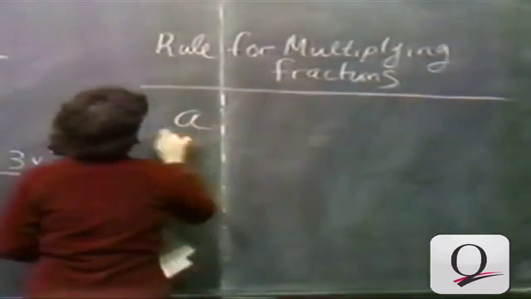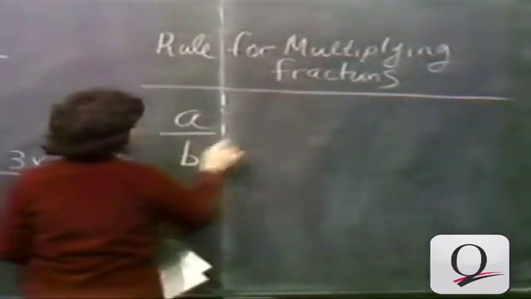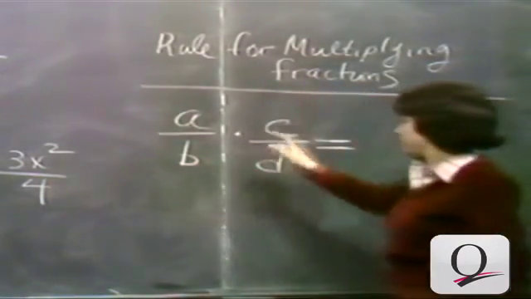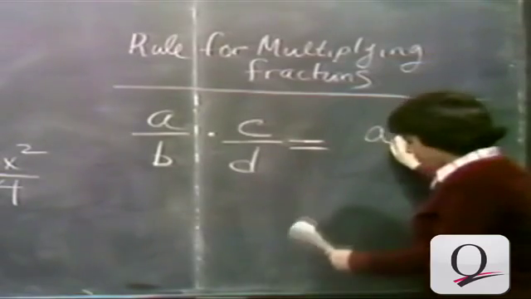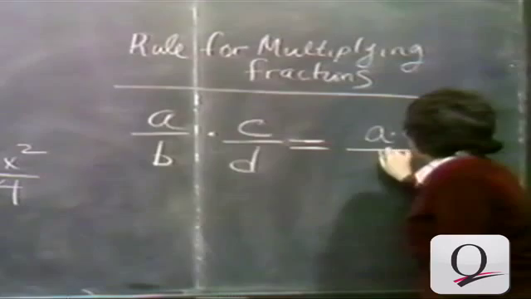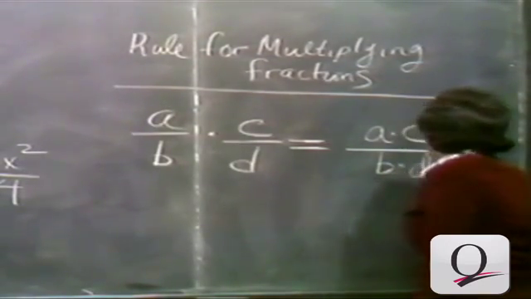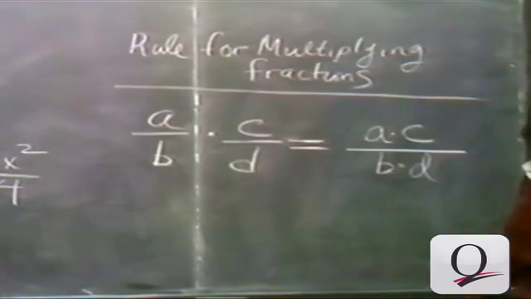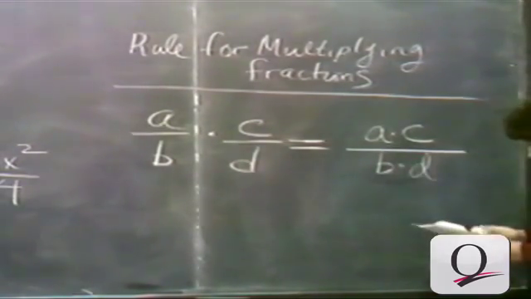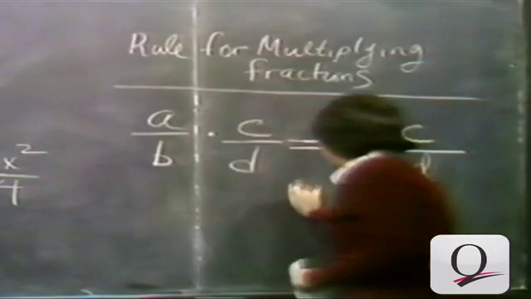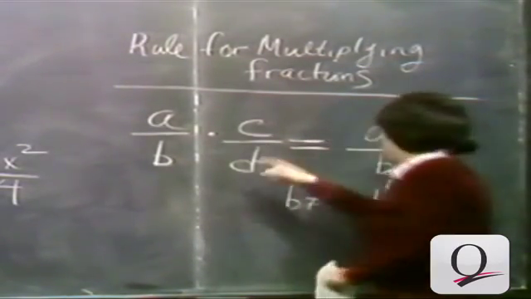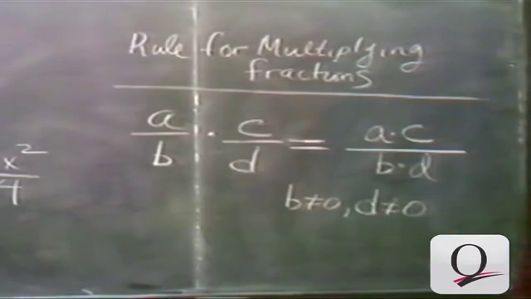If you want to multiply two fractions, say a over b times c over d, the way that we do this is to multiply the numerators, a times c, and divide by the product of the denominators. A over b times c over d is AC over BD. Of course, we're assuming here that B and D are not 0. Otherwise, this wouldn't make any sense.